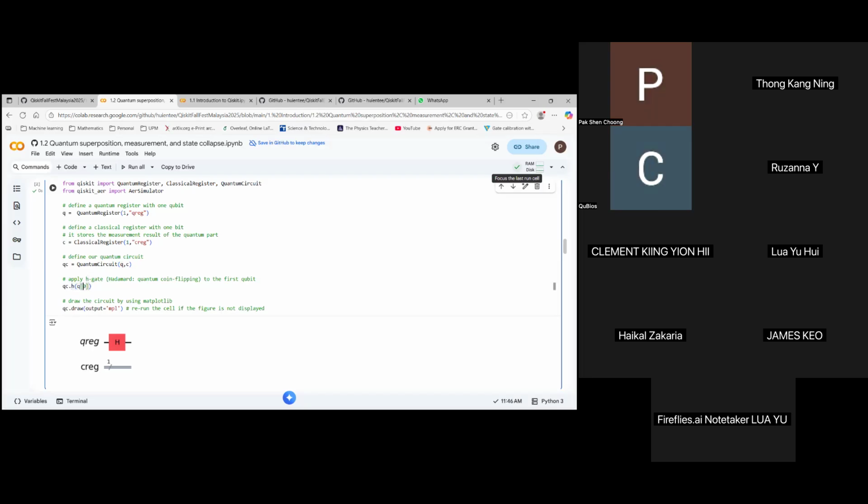Inside, this is Q again, which is the quantum register you just defined, and 0. This 0 means the first qubit, the index of the qubit. If, let's say, you are registering 3, I'll put this as 3 also. And yeah, oh, I cannot.